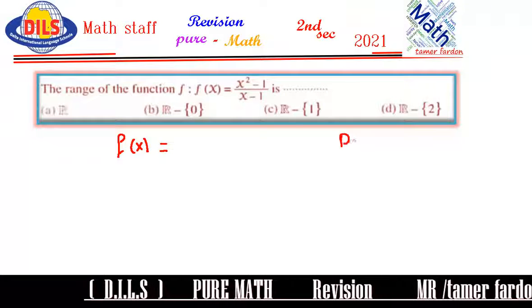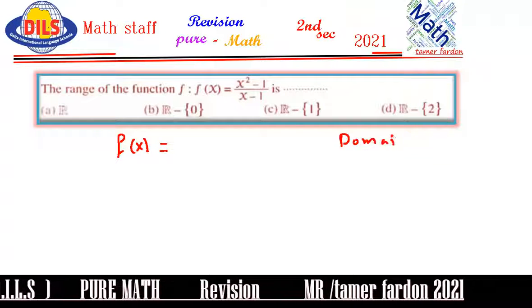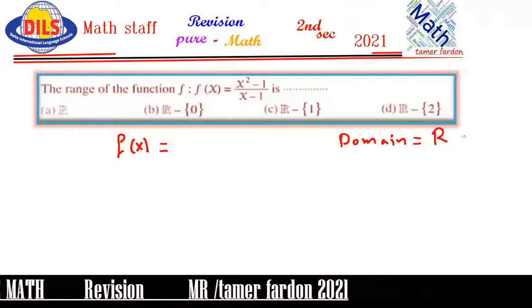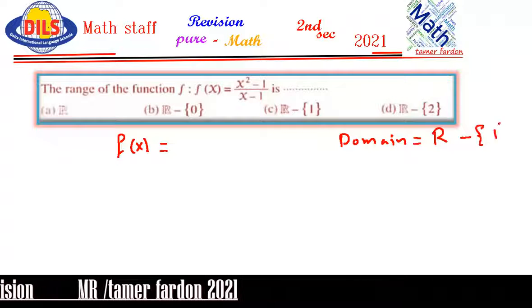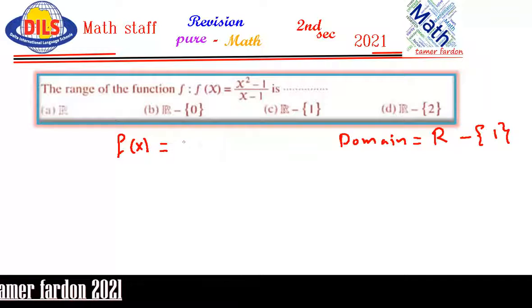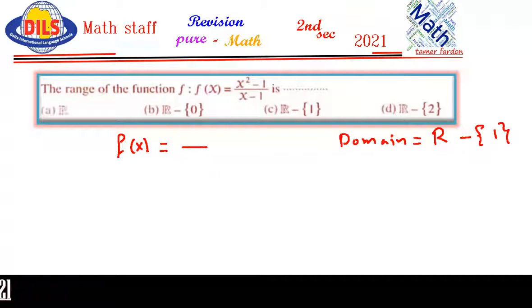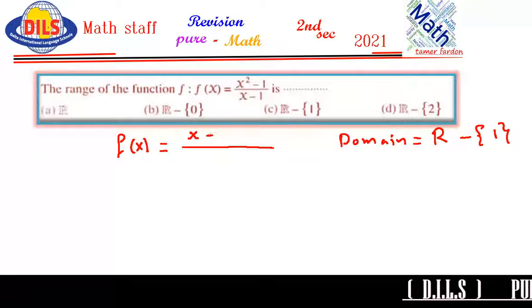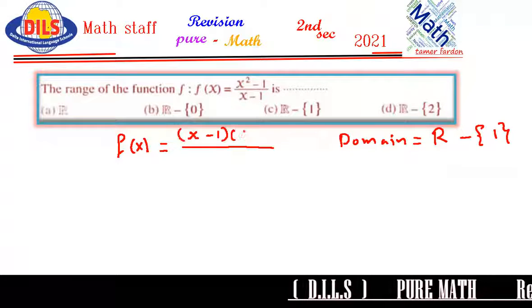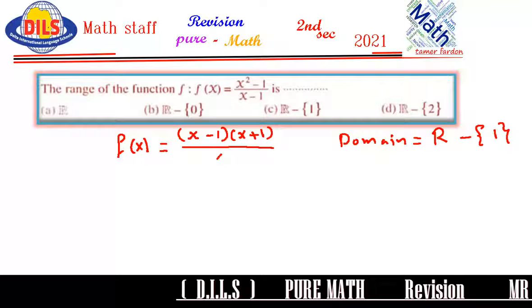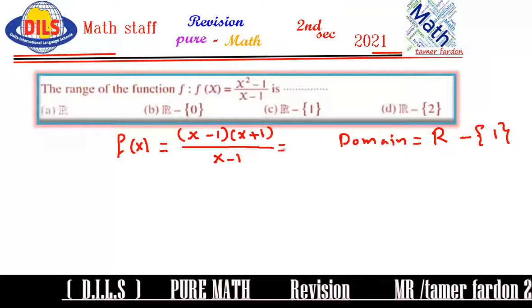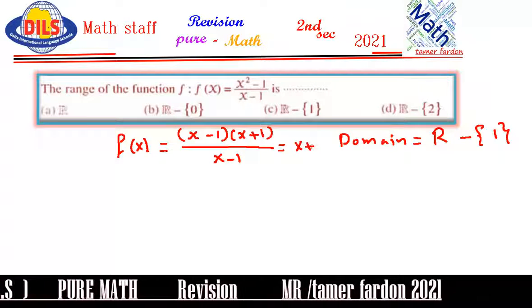Its domain is R except 1. f(x) in its simplest form is (x minus 1)(x plus 1) over (x minus 1), which equals x plus 1.